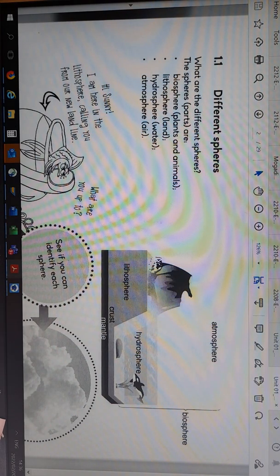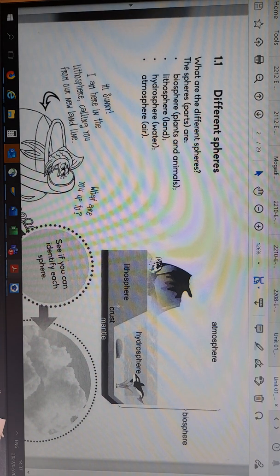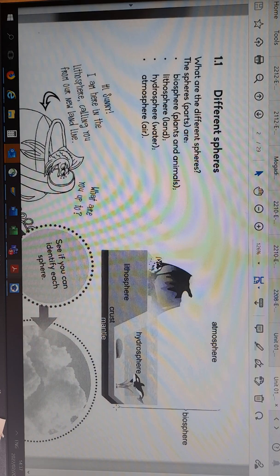Okay, so we've got the diagram here that shows the four spheres of the earth. We started with the biosphere, which covers all the living things on earth.